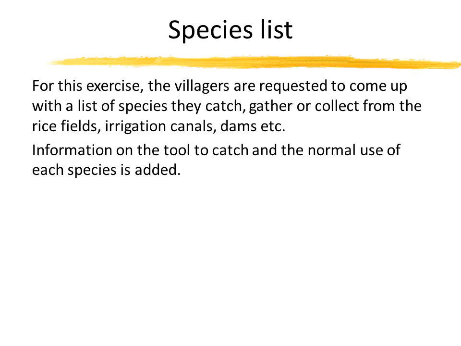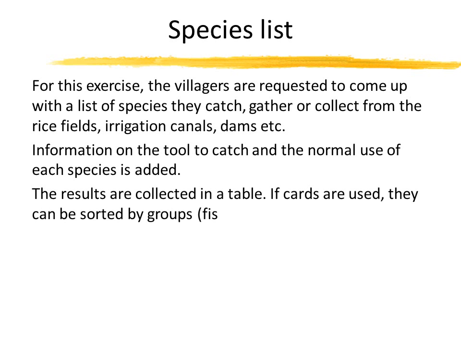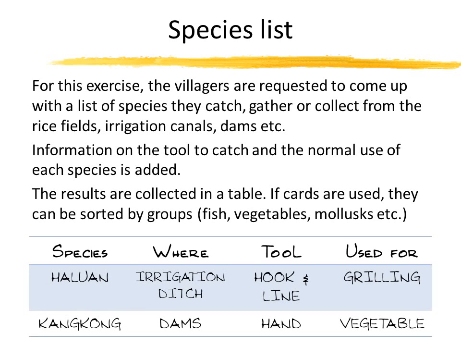Also, it is a good idea to ask what the species is used for and to remind people that apart from food, there may be medicine or feeds for animals and so on, what the species in the rice field may be used for. You can collect the results directly on flipchart paper, or you can use smaller cards and group those before pinning them or gluing them to a flipchart.